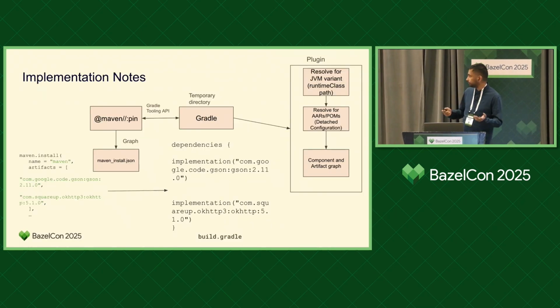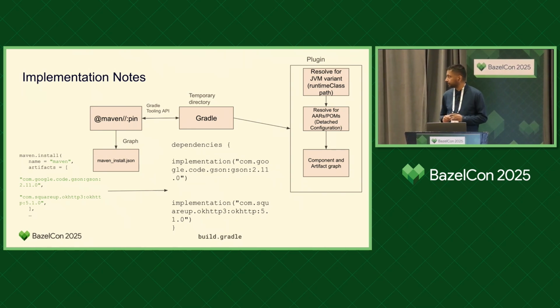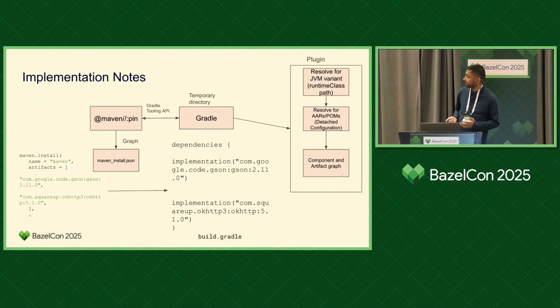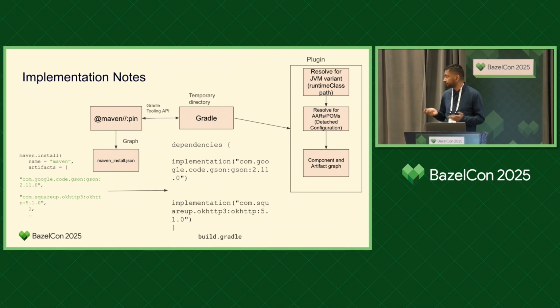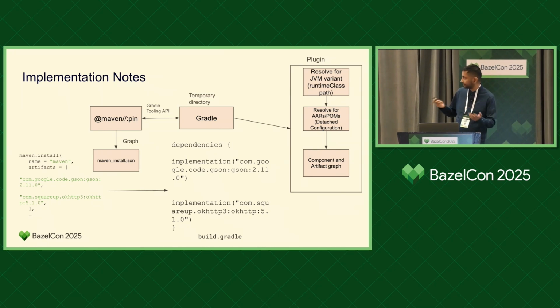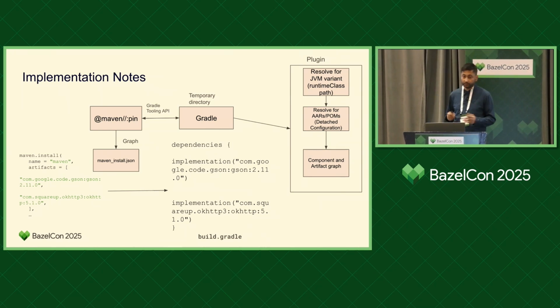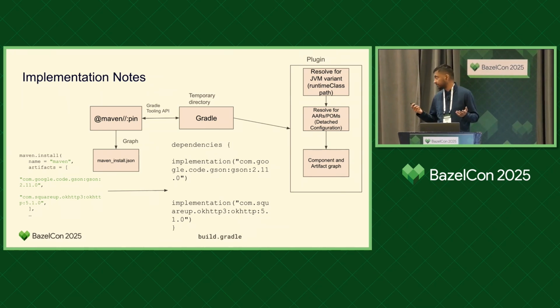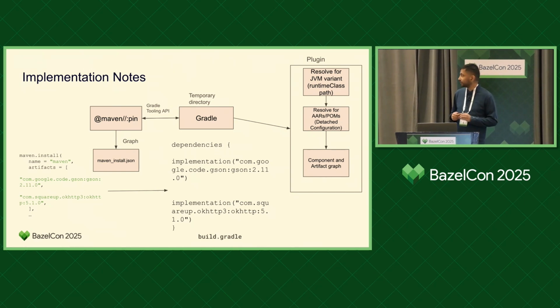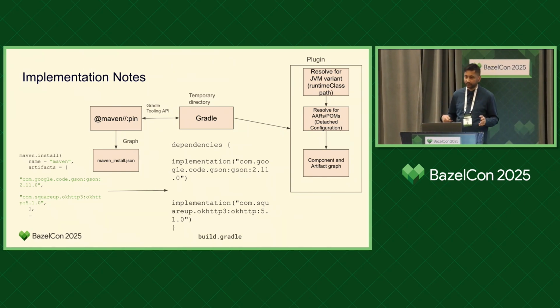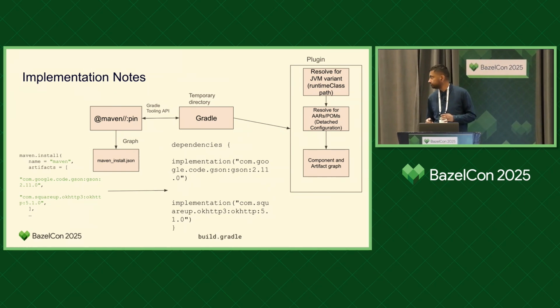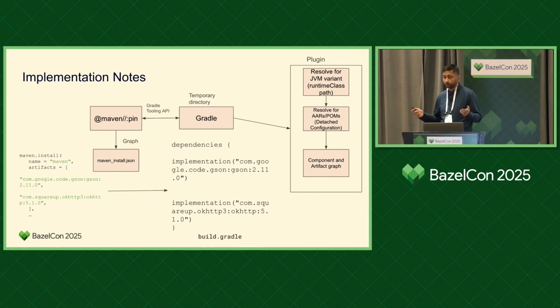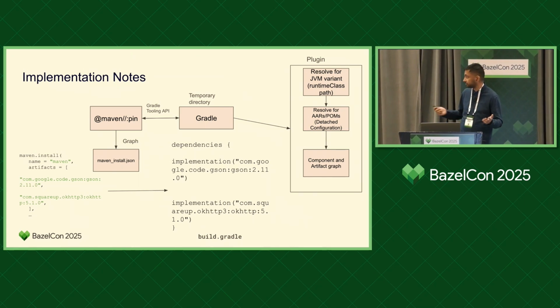And a brief note on implementation for people who are curious. How does it work? Well, when you add a bunch of these Maven dependencies in MODULE.bazel and run the resolution, we literally have to run Gradle in a temporary working directory because that's the public API that's supported. Using the tooling API, we have a build.gradle. There's no source code, but we have these dependencies.